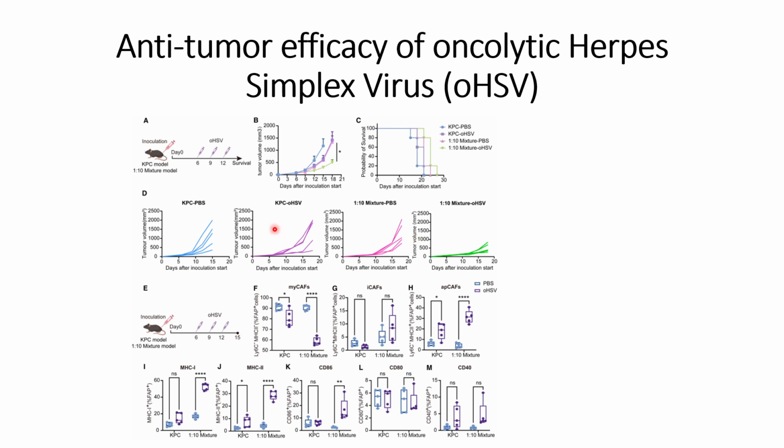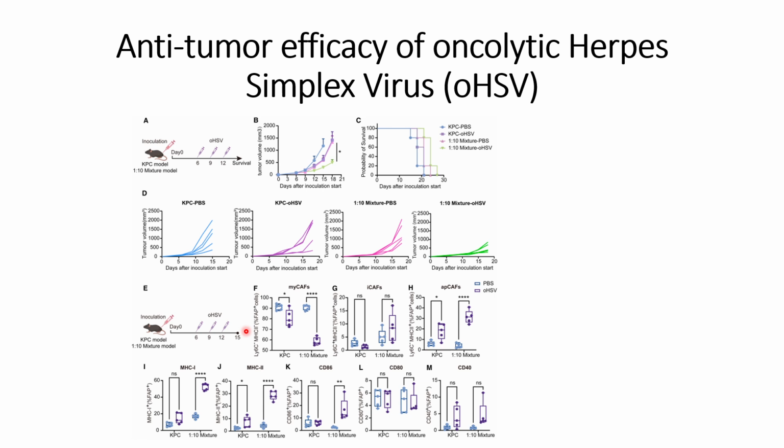However, now they wanted to go deeper to find out why they are able to see this kind of observation. So in the next experiment, which is similar to the experiment shown in panel A, the only difference is that 3 days after the final injection of oHSV, they took the tumors and analyzed them by flow cytometry.